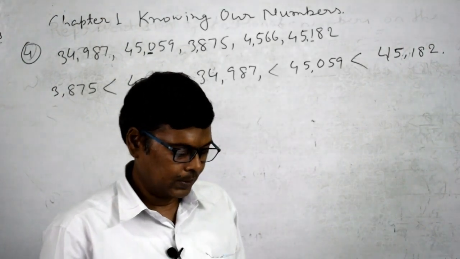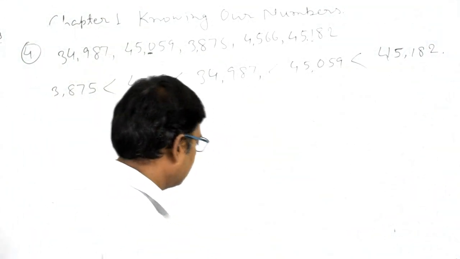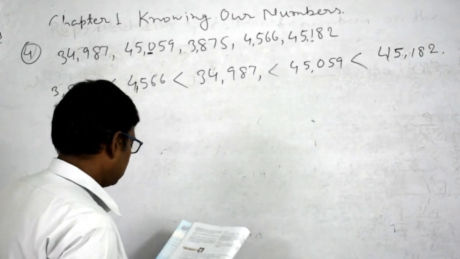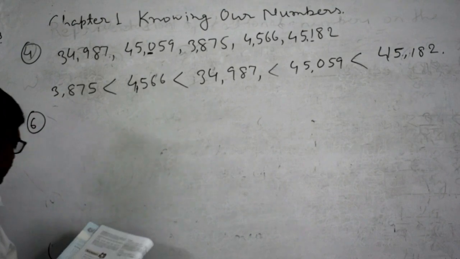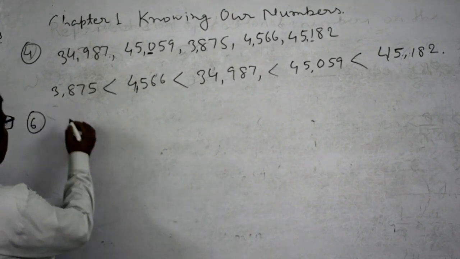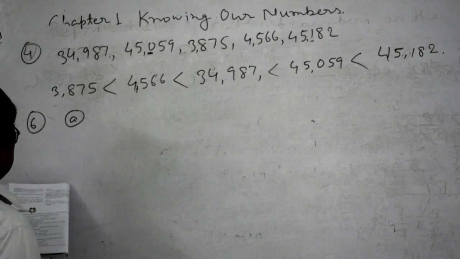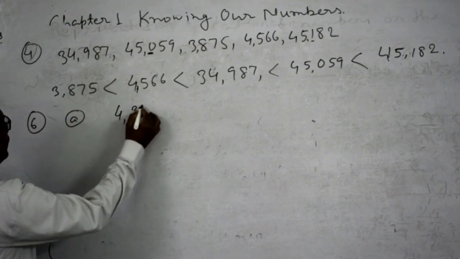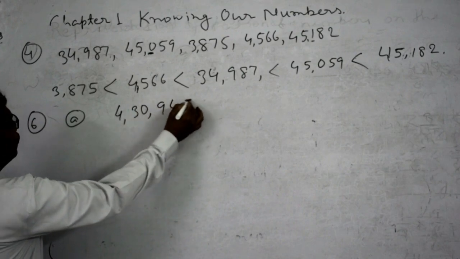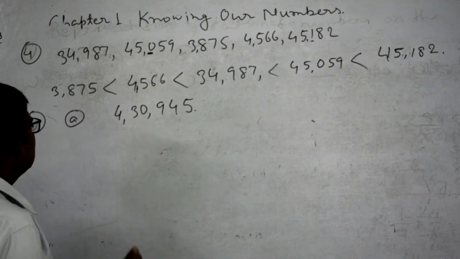Okay, we have to write the following numbers in the expanded form. So question number 6, write the number in the expanded form. I will do one question here and the rest is for you. So 4,30,945. Okay, we have to write in the expanded form here.